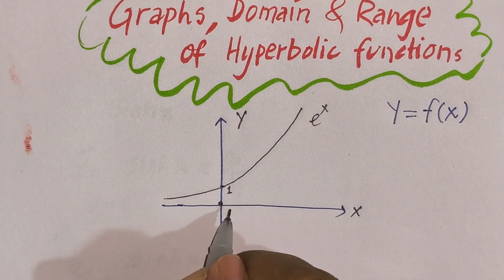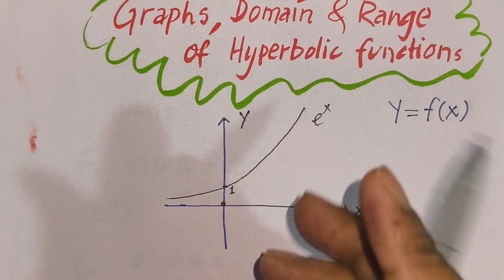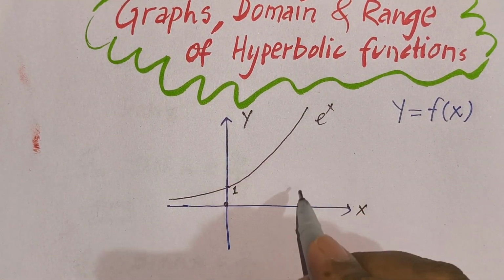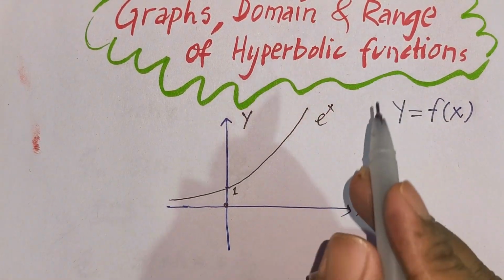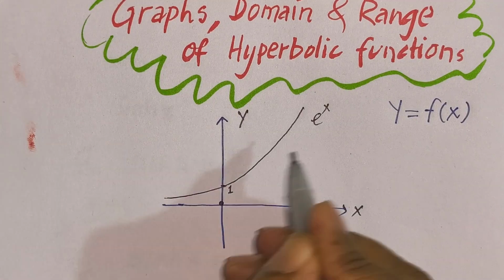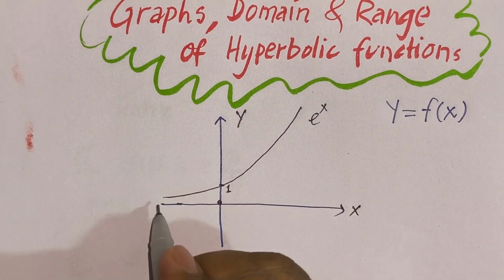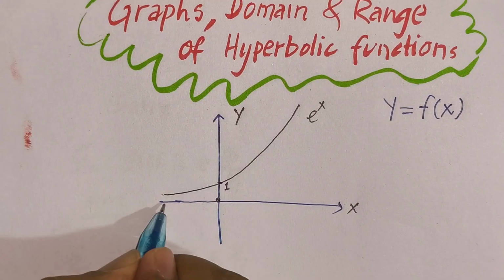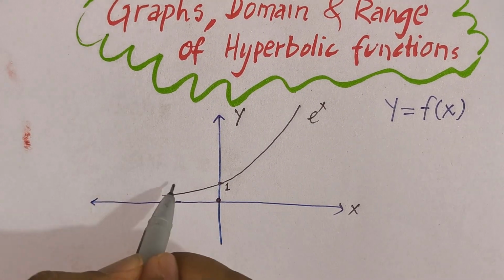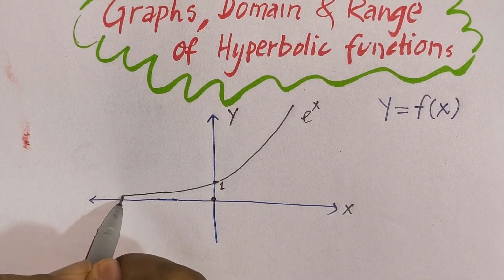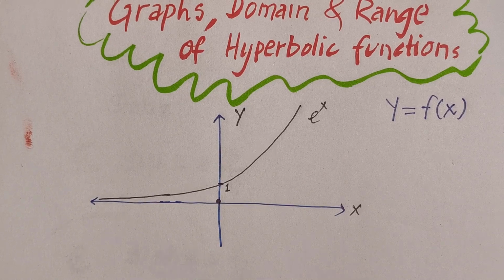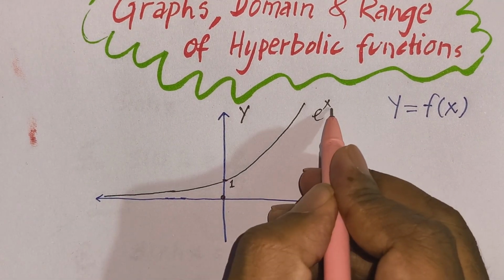When x gets bigger and bigger, e to the power x gets bigger and bigger, so for large values of x the heights will grow exponentially. On the negative side, when x is large negative, e to the power x is very small and goes towards 0. The height is going very close to 0, but it will never meet the x-axis. So this is our e to the power x.